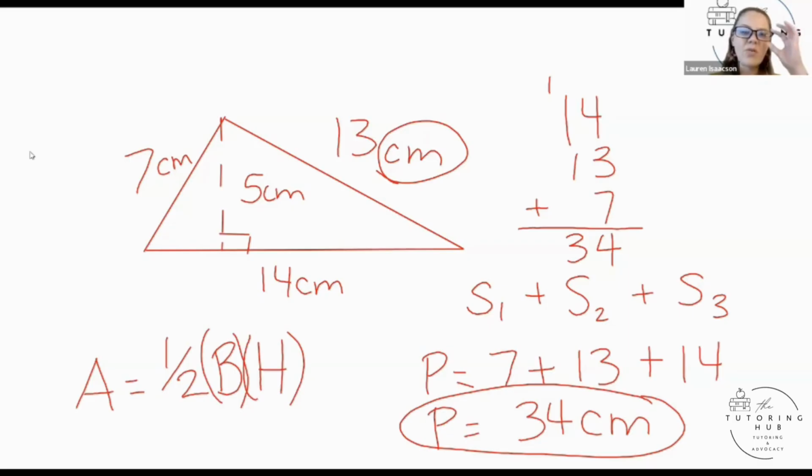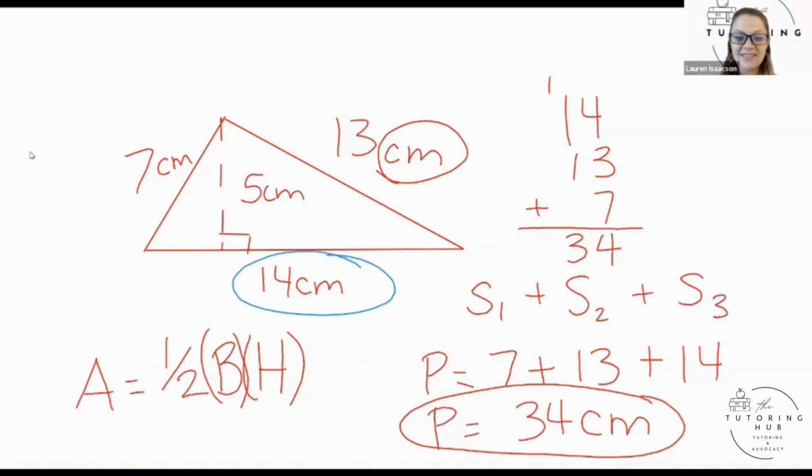So, which one is the base? We have four different measurements here. The base is opposite the tallest point, where that bottom perpendicular line meets that height and creates a right angle. In this case, that would be 14 centimeters.